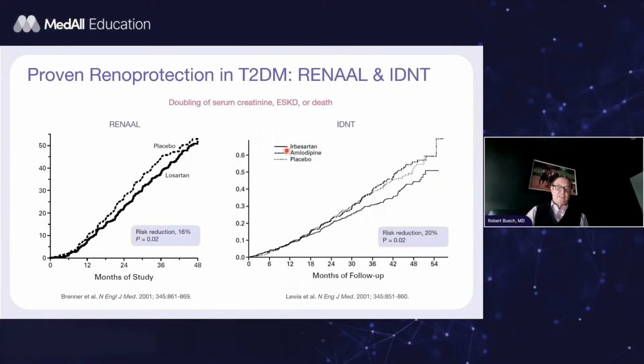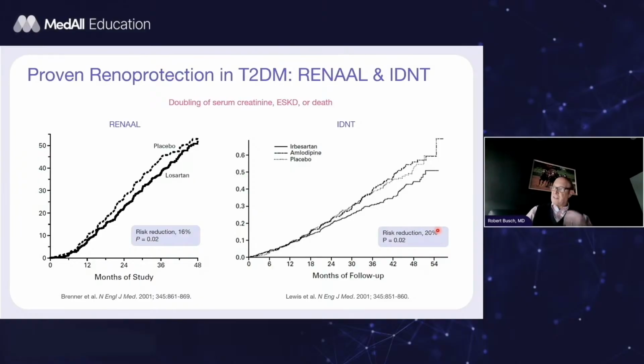Why did they do this? Because up until these SGLT2s were studied, the only drugs approved to benefit kidneys in type 2 were the ARBs. The RENAAL trial showed losartan lowered end-stage renal disease by 16%, and the irbesartan diabetes nephropathy trial showed irbesartan, with similar blood pressure control to amlodipine, lowered renal risk by 20%.